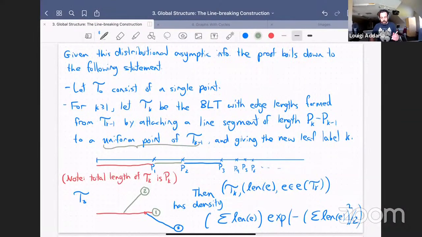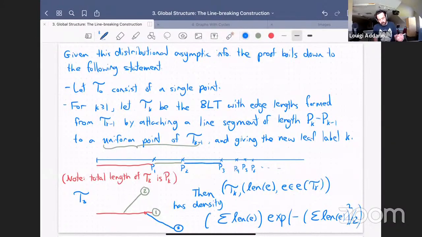If you continue to think of the identification between the non-negative real line and the set of points of the tree T, there are these points which got identified, but there's just a bounded number of those. So if we think about Lebesgue measure on the interval P0 up to P3, then we're just choosing a Lebesgue distributed point on this interval as the next attachment point, the point where P4 will be attached.